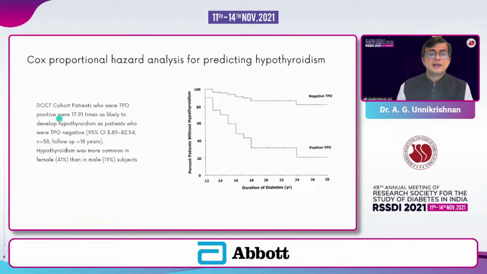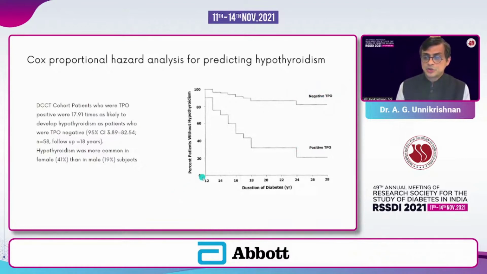So this is the DCCT study. As you know, the DCCT study is the largest study on type 1 diabetes, showed that controlling glucose intensively with insulin reduced neuropathy, nephropathy, and retinopathy. But in this cohort of the DCCT, they took two groups, one with positive anti-TPO, other with negative anti-TPO.